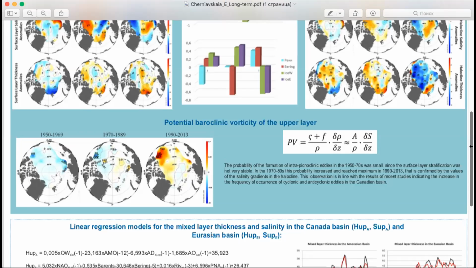Such conditions are supportive for interpycnoclinic eddies formation, and I saw publications where higher frequencies of this eddies formation was emphasized, especially in the Canada basin. So we also think that is an important result.